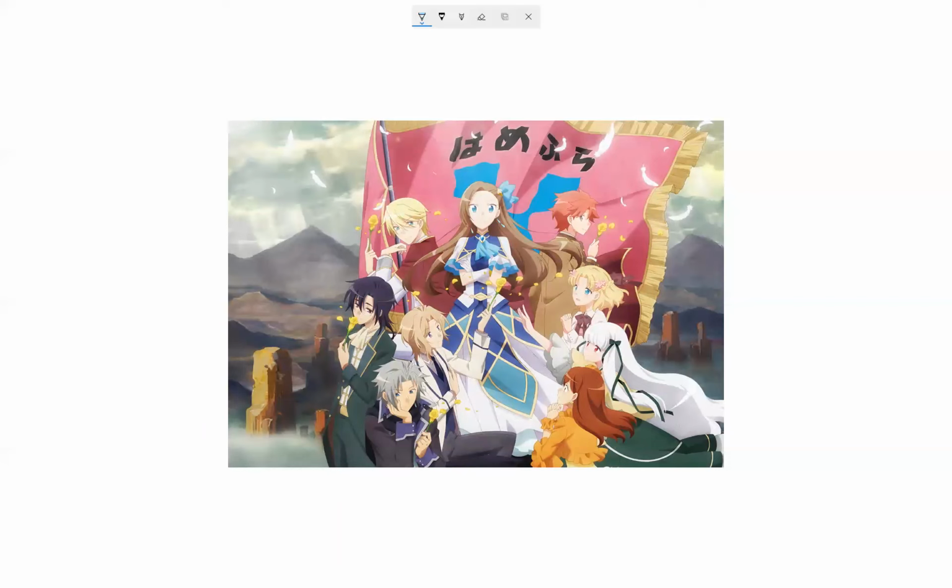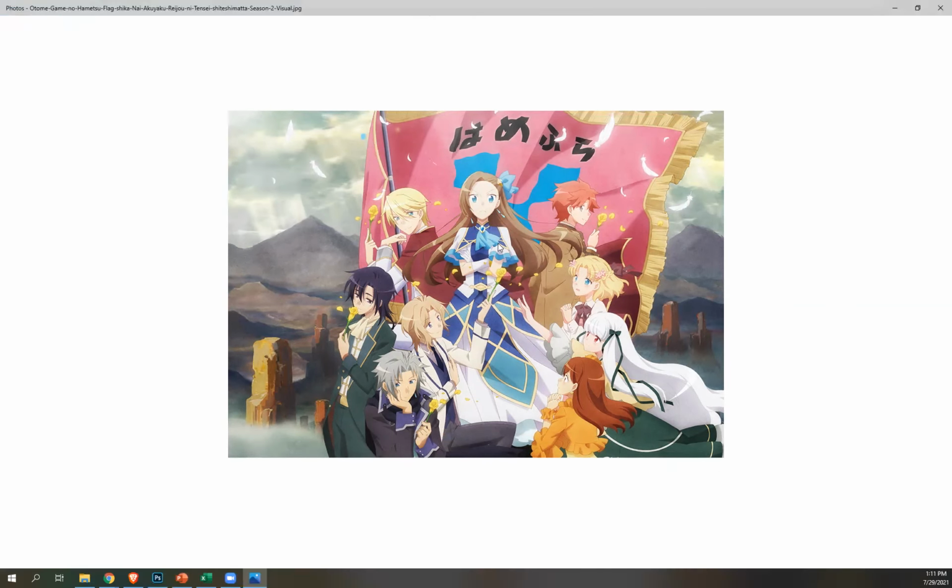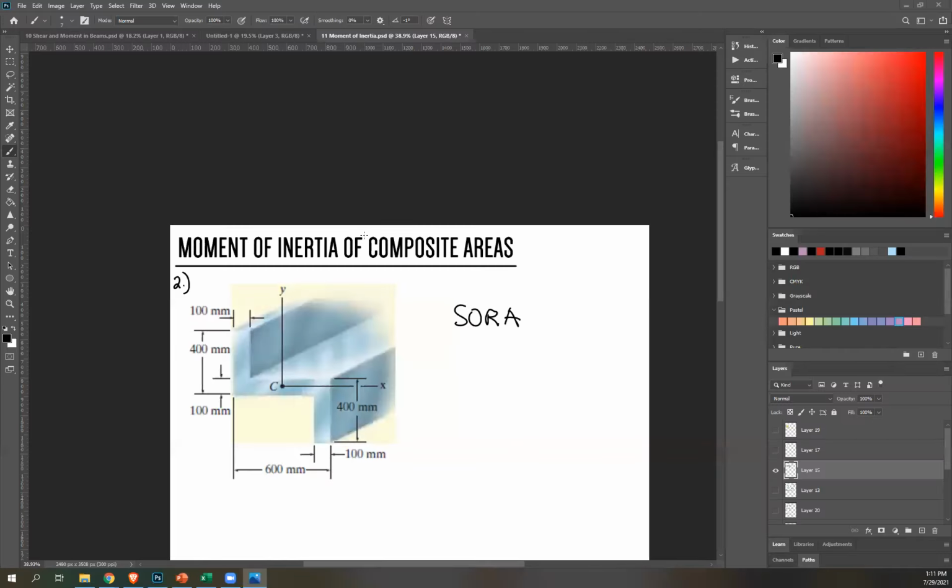If you're trying to look for a funny anime, I suggest that. Again, My Next Life as a Villainess. That's the title because she's supposed to be a villain. Alright, that's it. Again, the name is Sora, the blue-haired guy with the glasses.